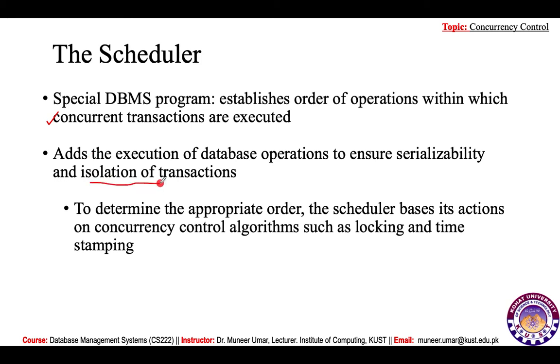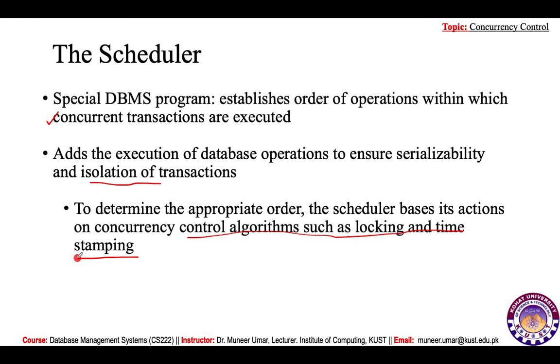from one another. To determine the appropriate order, the scheduler bases its actions on concurrency control algorithms such as locking and time stamping. Usually, we use two types of algorithms. The first one is locking, and the second one is time stamping.